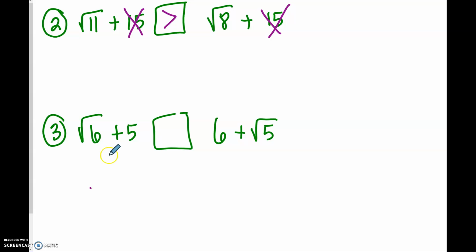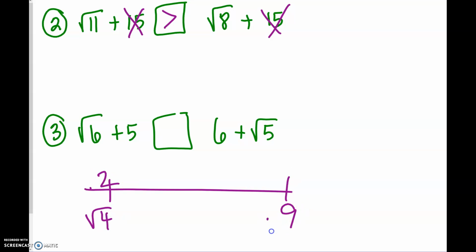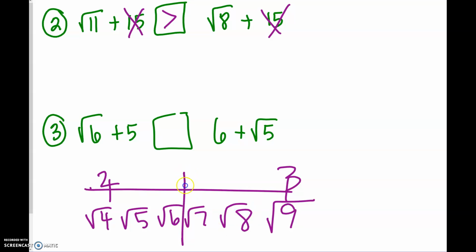All right, this one we have the square root of 4, which is 2, and the square root of 9, which is 3, square root of 5, square root of 6, square root of 7, square root of 8. This is going to be right in the middle of 2.5. So let's see, the square root of 6 is going to be around 2.4.